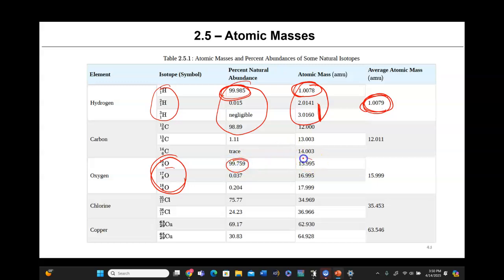The isotope that has a mass of about 16 makes up most of an actual sample of oxygen, and then there is a small amount of some heavier isotopes, so it makes sense that the average atomic mass, taking into account these proportions, is a little bit heavier than the most abundant isotope.